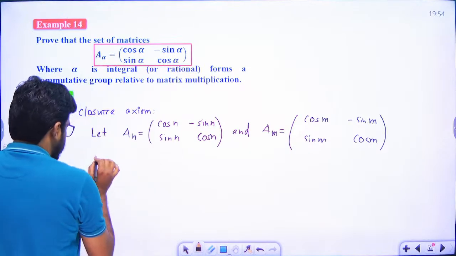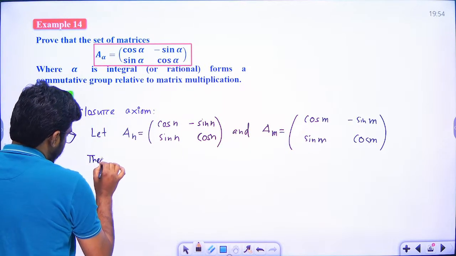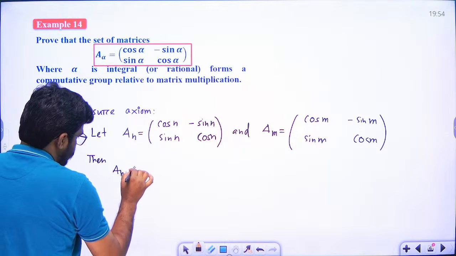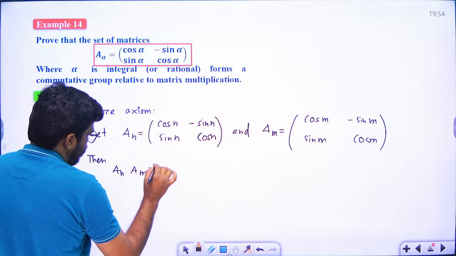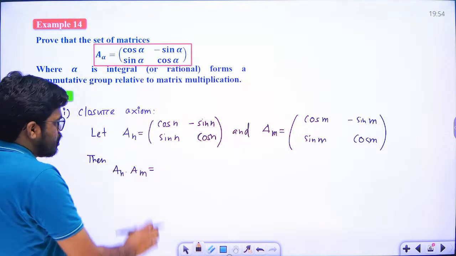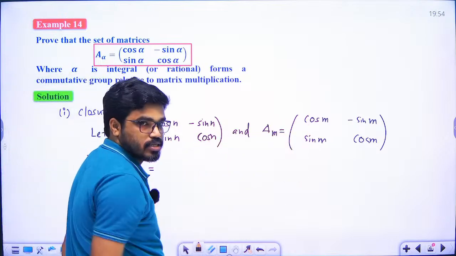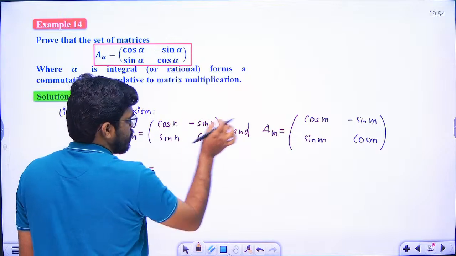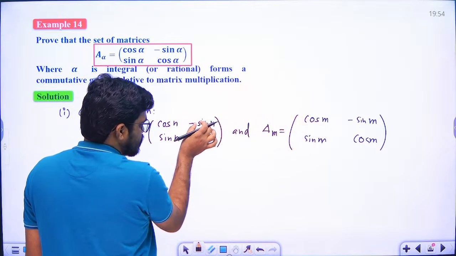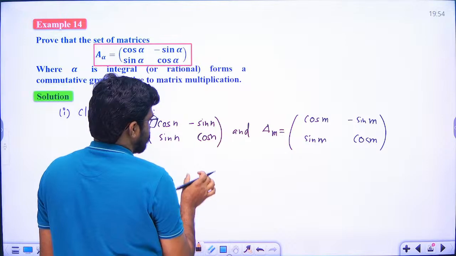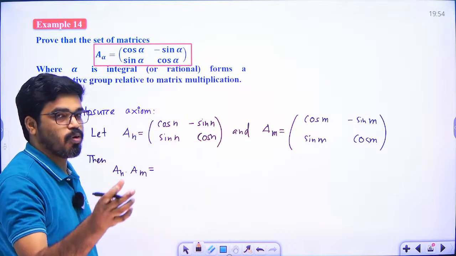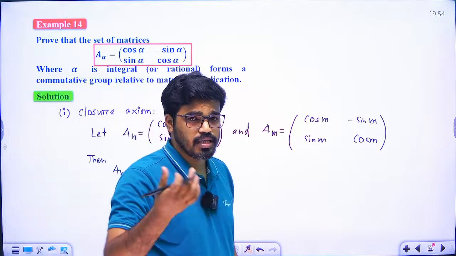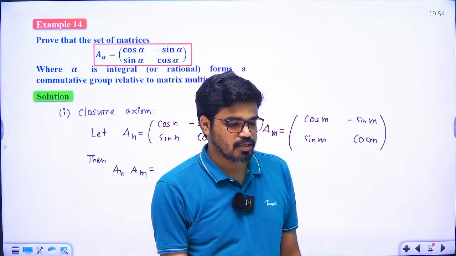Then A n dot A m. So this into this. What do we get if you multiply this? Cos n cos m minus sin n sin m. So that is cos a cos b minus sin a sin b. So this is cos(a plus b), right?